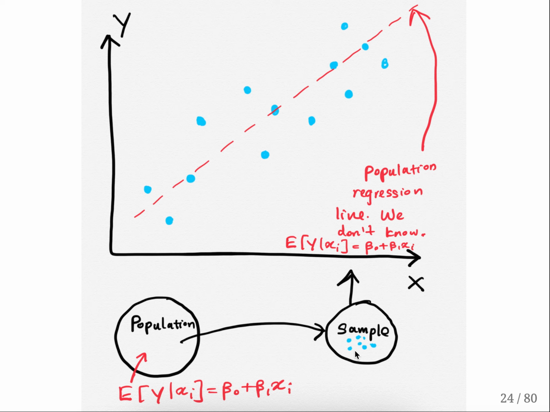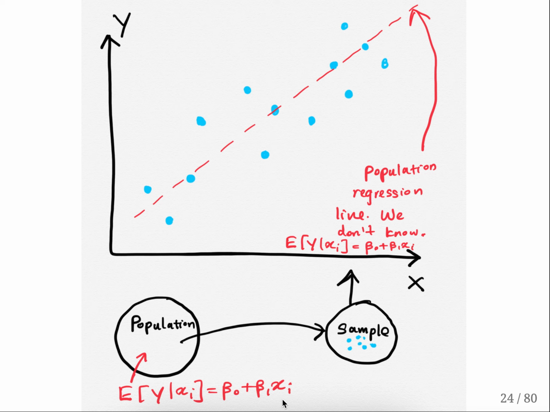Now suppose you have a sample of points like this. We want to estimate beta naught and beta 1. In other words, we want to estimate the intercept and slope of the regression line, the intercept and slope of the population regression line.